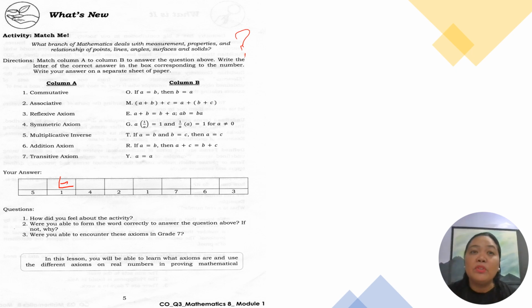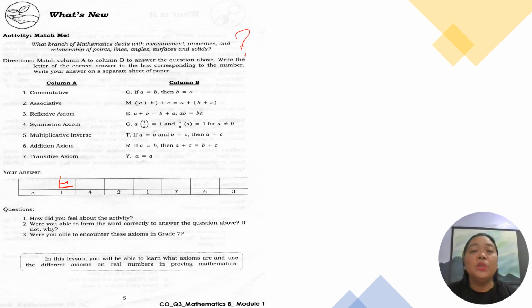What about number 3, reflexive axiom? Number 4, symmetric axiom. Number 5, we have multiplicative inverse. Number 6, we have addition axiom, which we used in our first activity earlier. Then number 7, we have a transitive axiom.